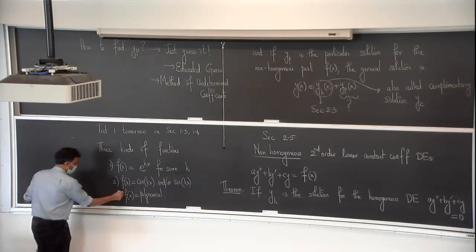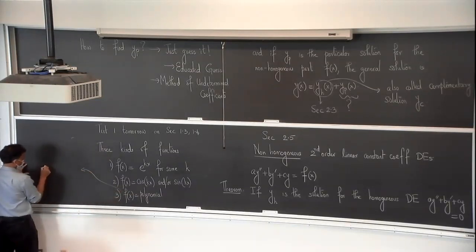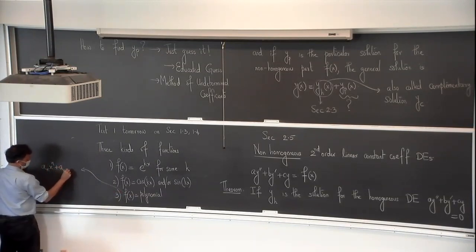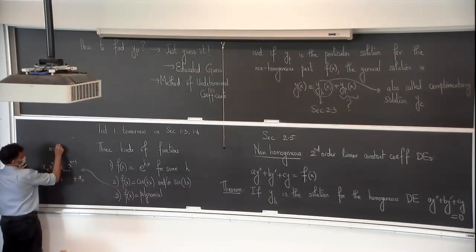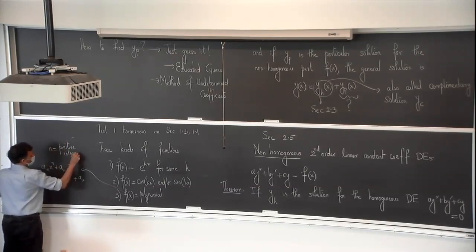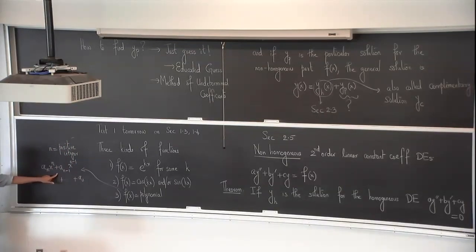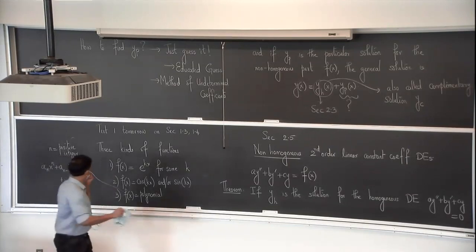So a polynomial in general looks like this: a_n x to the power of n plus a_(n-1) x to the power of n minus 1, and so on, where n is a positive integer. You cannot have square roots or negative exponents or other funny things going on here. That's what a polynomial means.